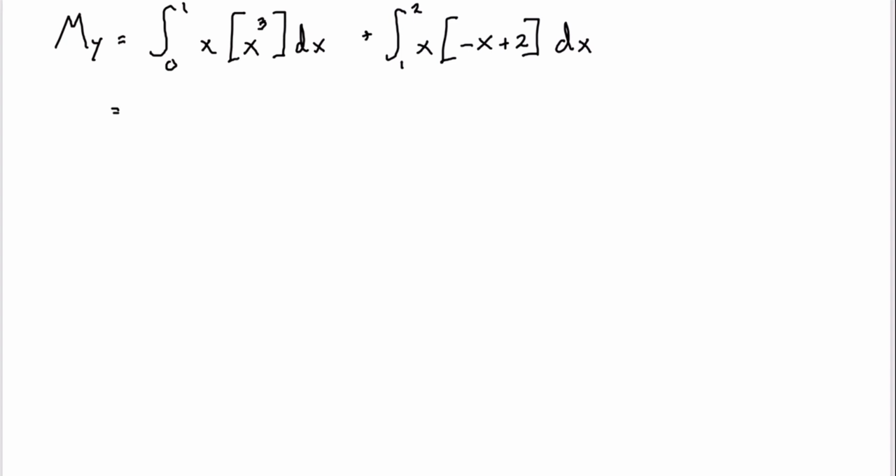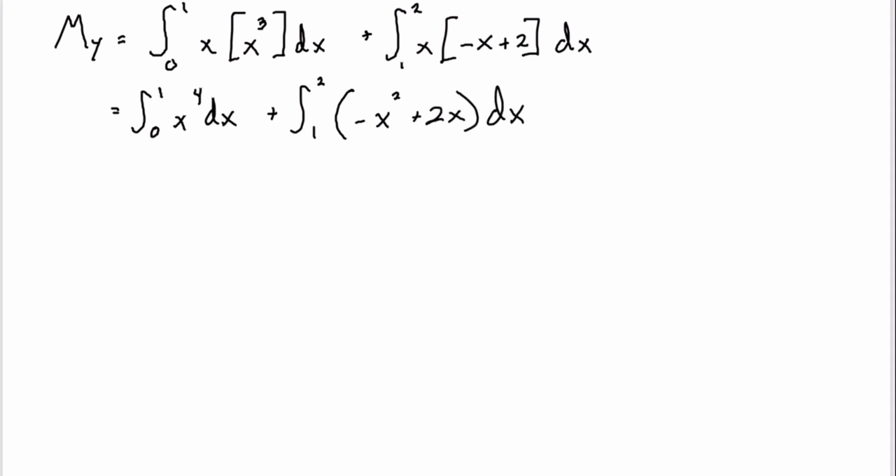Let's clean up those integrands first. We'll get x to the 4th dx plus the integral from 1 to 2 of negative x squared plus 2x. Now we can integrate. We'll get 1/5 x to the 5th. In that first part, we are evaluating from 0 to 1, plus negative 1/3 x cubed plus x squared.